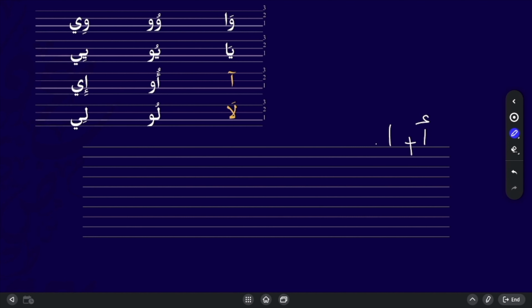We have alif plus waw, and alif plus ya. So this should be aa, oo, and ee. You would think that to produce the sound aa, which is alif plus the long vowel alif, we would put them side by side.